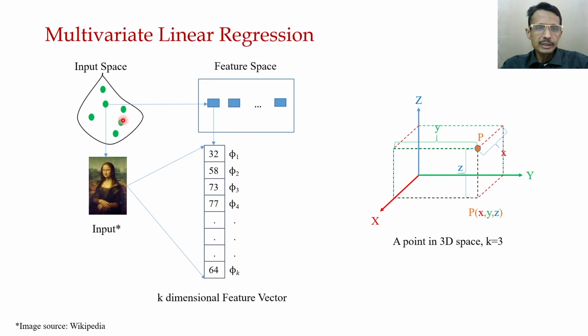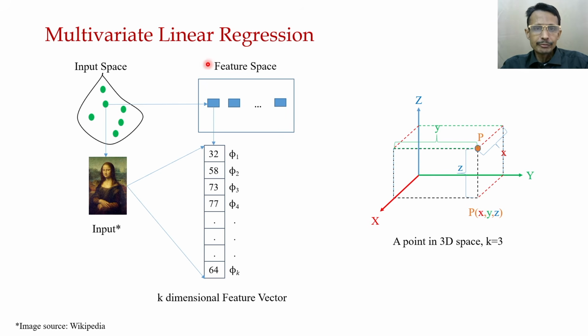Now our input is an image or anything. This data point is our one input. If it is an image, as an example, this image is your input. Now this image is not fed to your classifier.